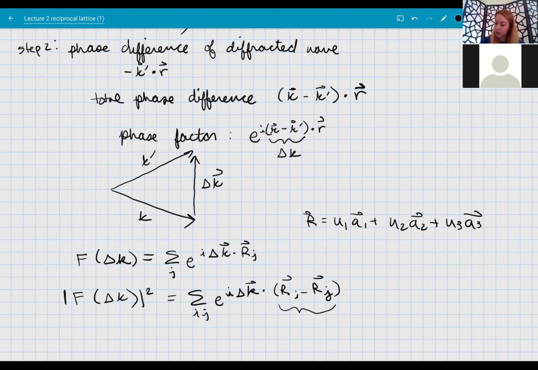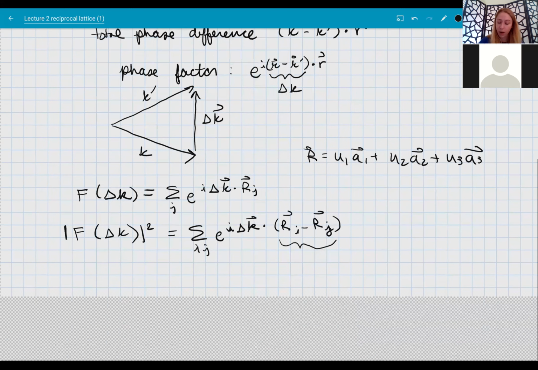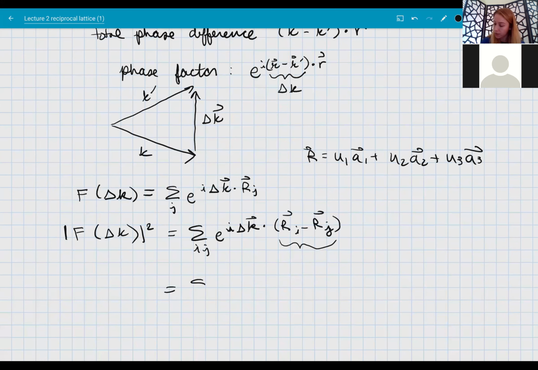Let me write that down: sum over ij of e to the i delta k, and this can be written as some integer u1 prime times a1 plus some integer u2 prime times a2 plus some integer u3 prime times a3.